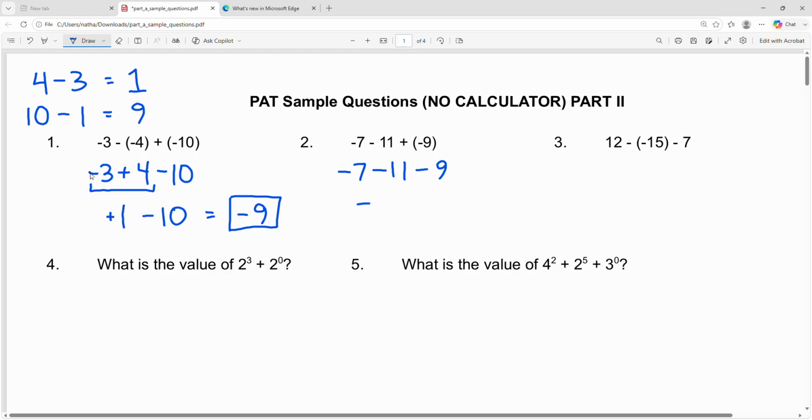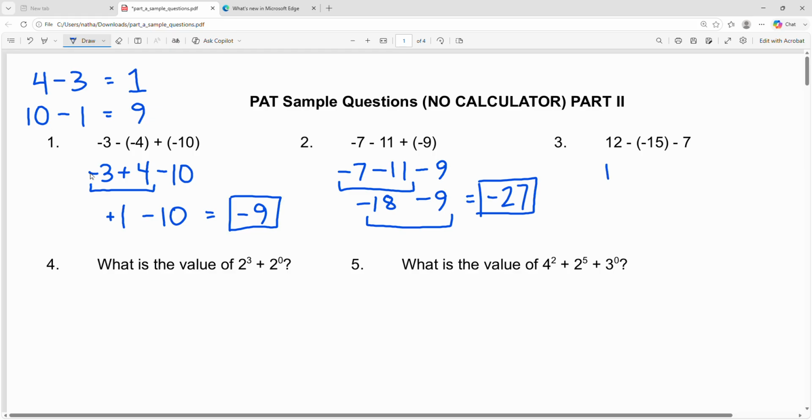So you could do this in steps if it makes it easier for you. Okay, and we still have to subtract that 9. So we've got a -18 and a -9, so I'm going to combine them again. So 18 and 9, so think, what is 18 plus 9? We get 27, but we're talking about negative numbers here. So final answer, -27. Okay, there we go. Question number 2 done. On to number 3.